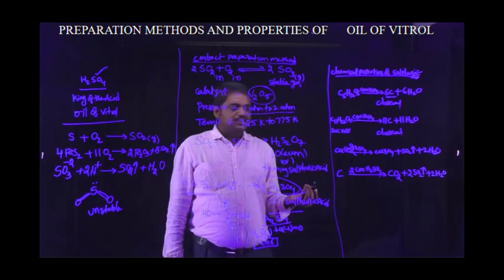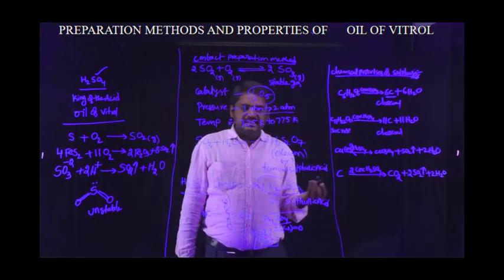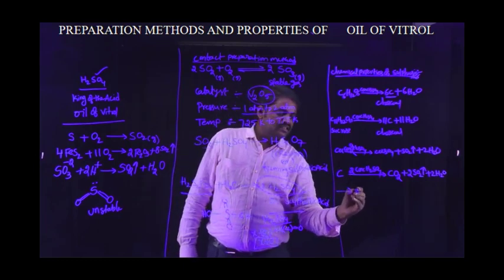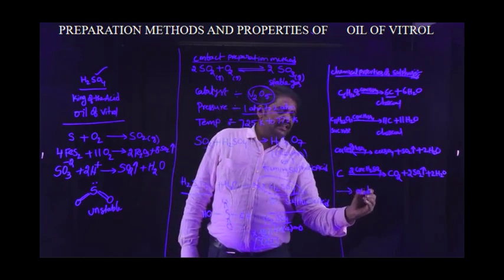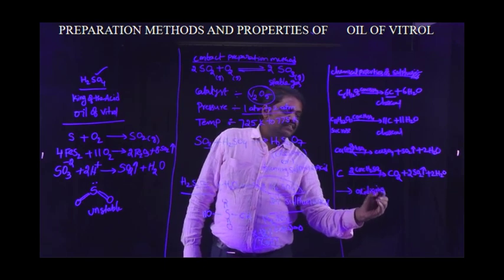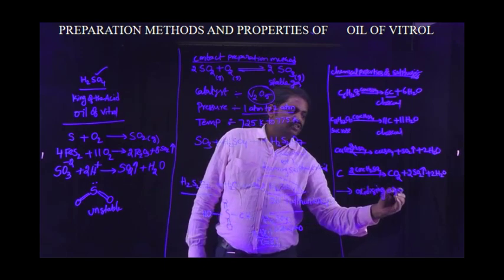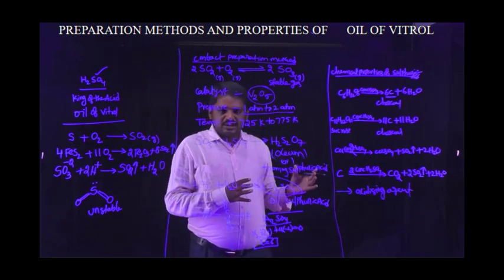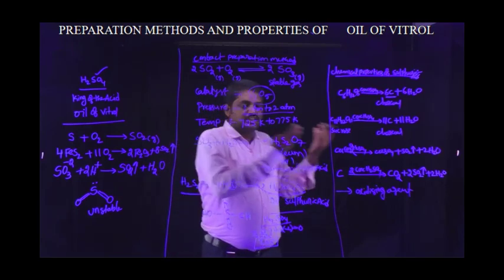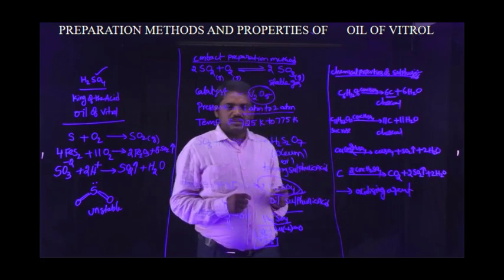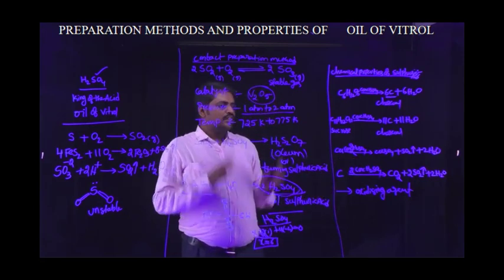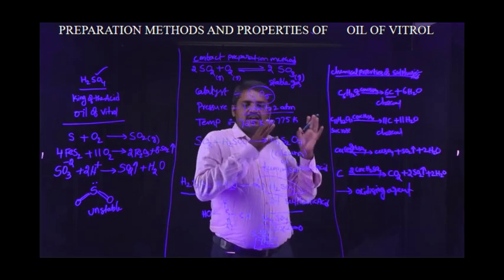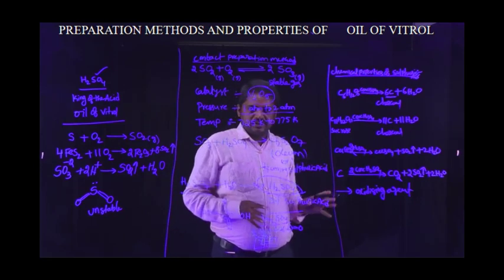This point shows that sulfuric acid acts as an oxidizing agent. Because carbon reacts with concentrated sulfuric acid and is converted to carbon dioxide, this molecule acts as a good oxidizing agent.